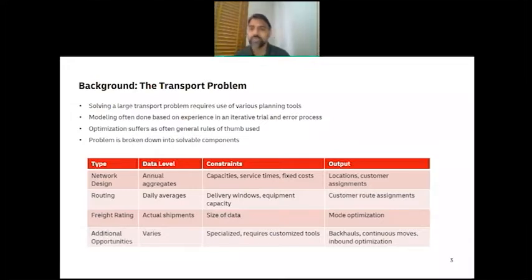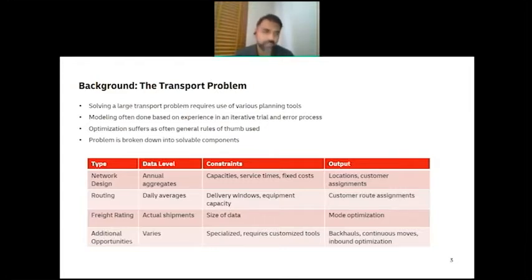So that's your network design problem, which looks at an overall picture for the next 4, 5, 6 years, right? Because this includes a lot of costs that are going to be incurred if you make a decision based on putting a warehouse at a certain location or assigning certain customers to a given hub, right? So that's your bigger transportation problem. We call it network design.